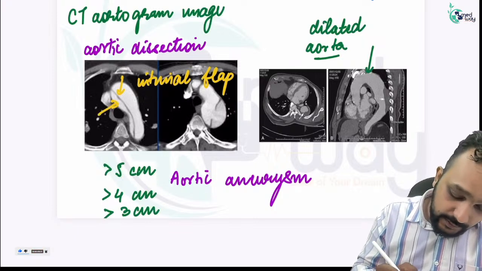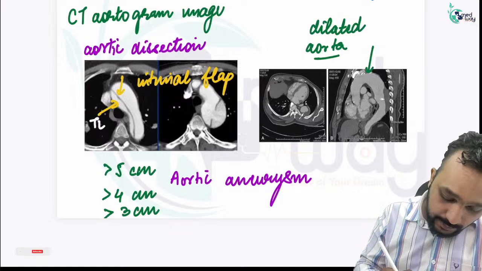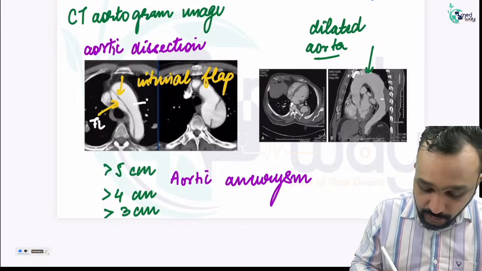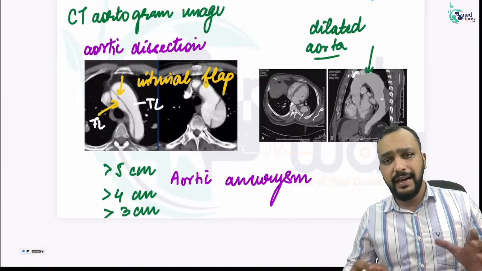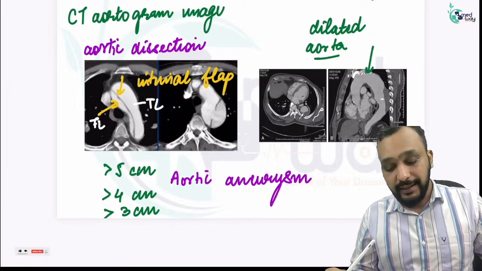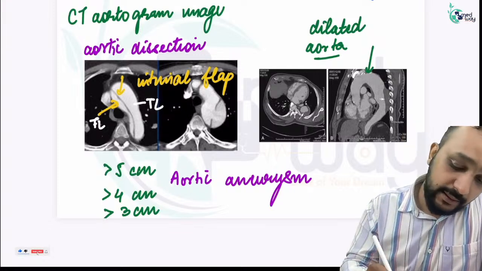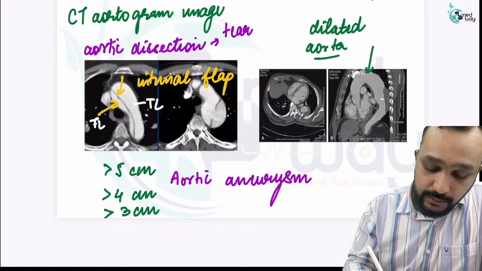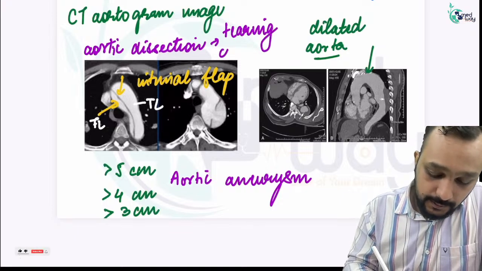One will be a true lumen and the other will be a false lumen, right? False lumen and true lumen will be seen, okay, which will have different enhancement. So that is typical of aortic dissection, and these patients are going to present with a typical history of tearing chest pain, right?